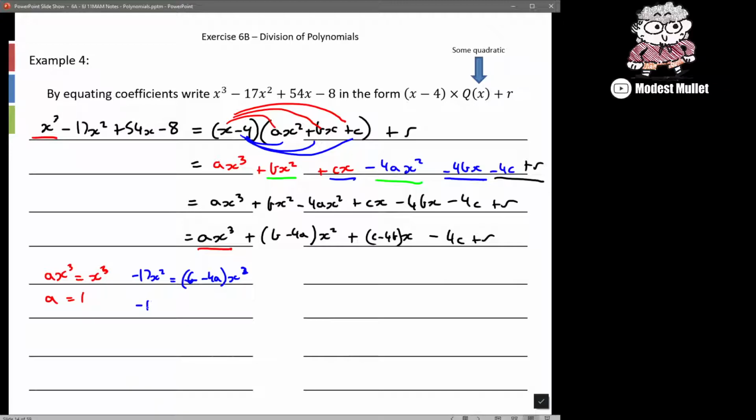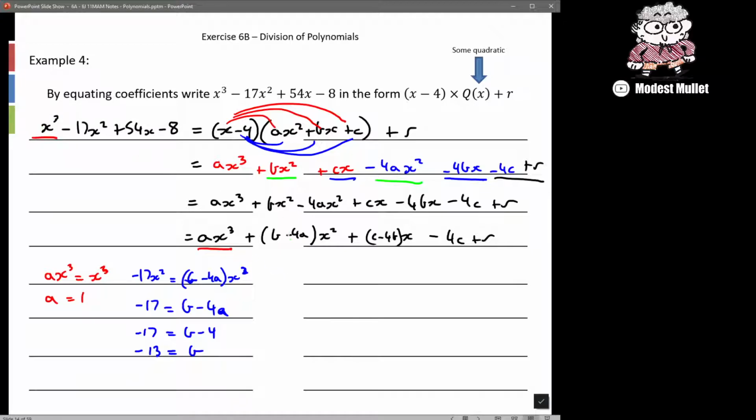So it's obvious from that that negative 17 needs to be equal to b minus 4a. And we figured out a was 1, so we get negative 17 is equal to b minus 4. Add the 4 over there, so we get negative 13 is equal to b.